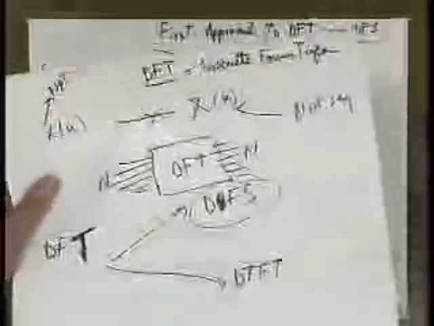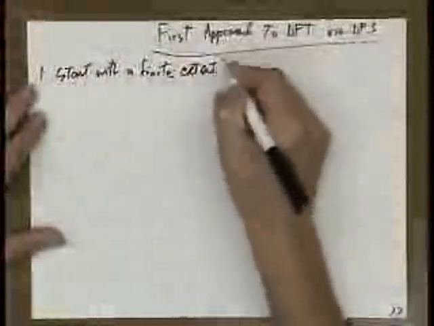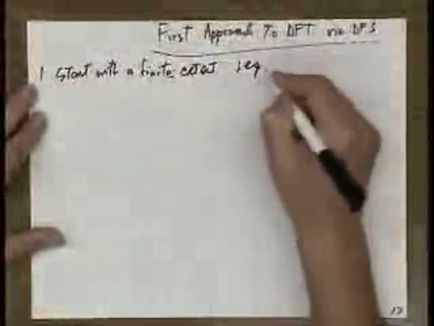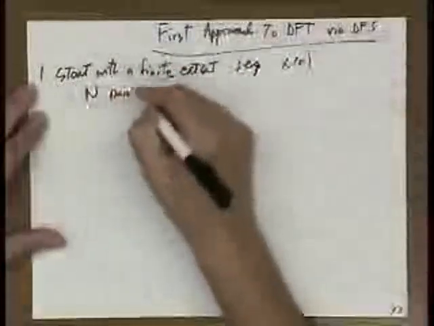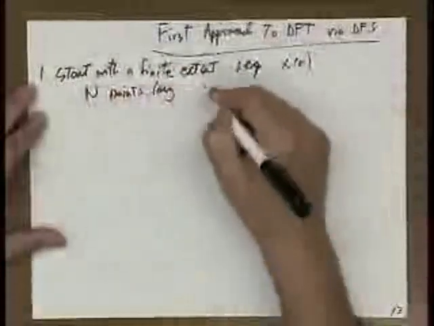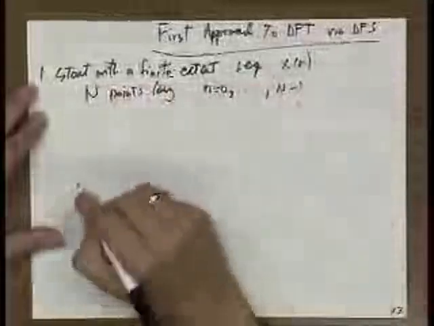It deals with a finite extent n-point sequence. Okay? So start with a finite extent sequence, x of n, which is n points long, and it goes from little n equals 0 all the way to n minus 1.